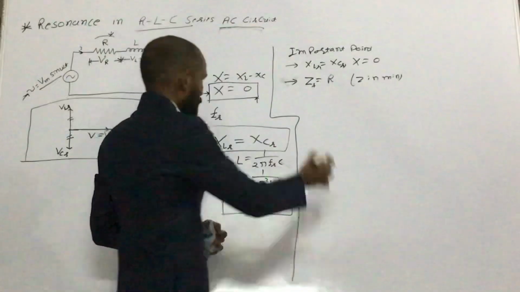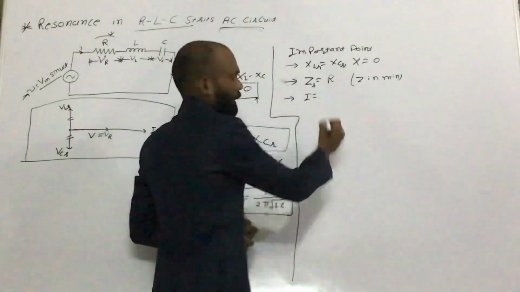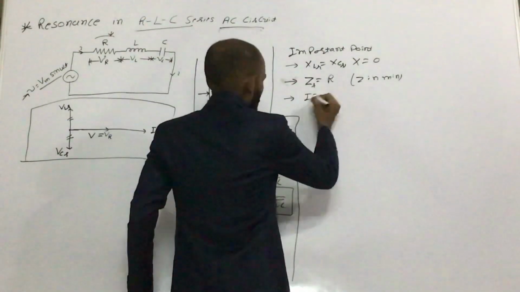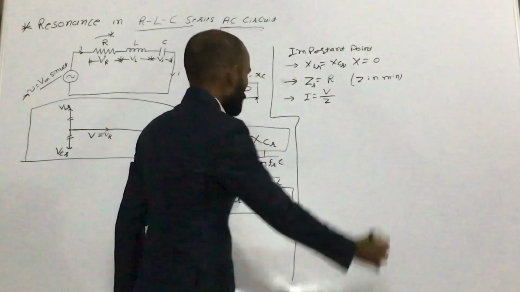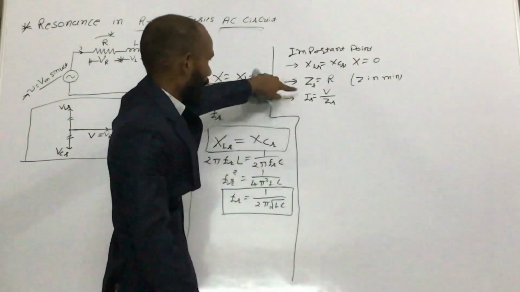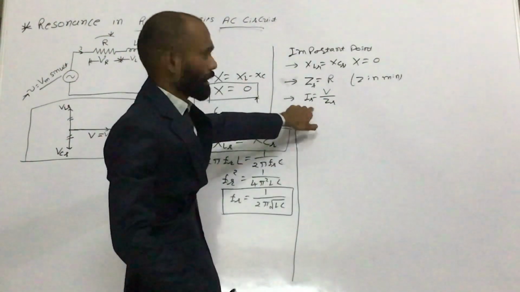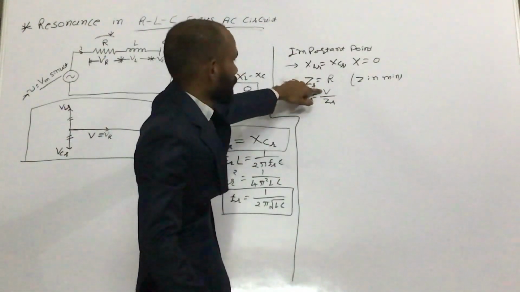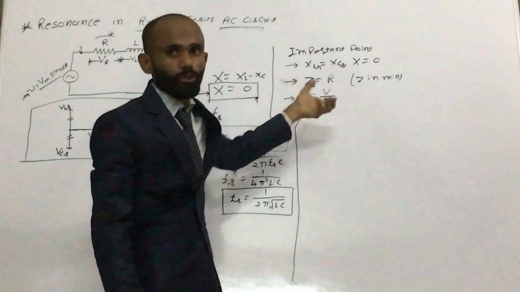Okay, so if Z is minimum, then the current flowing in the circuit is given by V divided by Z. Under resonance condition it is given by VR divided by ZR. The current IR through the circuit under resonance condition is equal to the applied voltage divided by the impedance of the circuit.